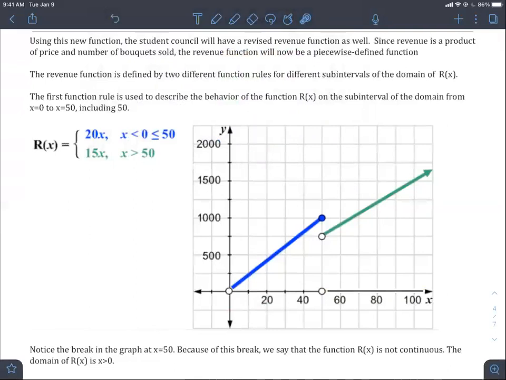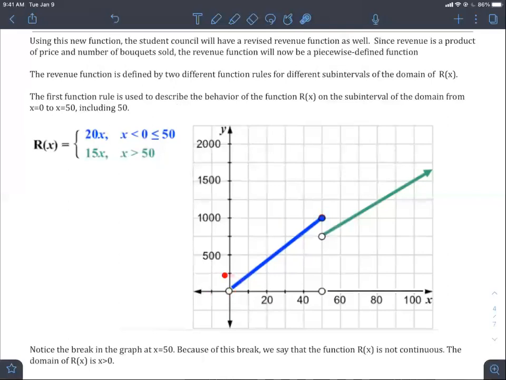So just to be clear, this is a graph of the 2 parts of our revenue equation. And as we're looking at our revenue equation, what I want you guys to notice is that we are being very strict about our domain in our graph. We have from 0 to 50 be part of our original revenue equation at a rate of $20 per bouquet.